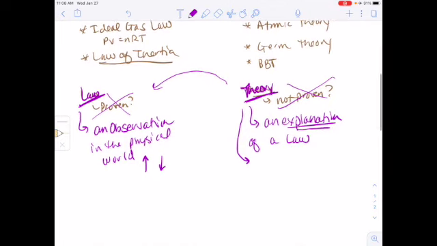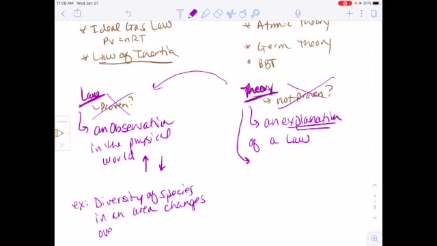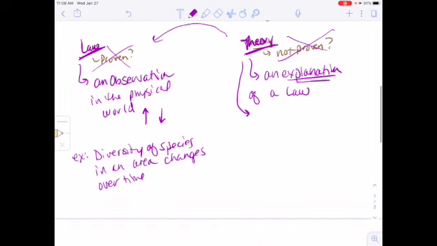As another example, here's an observation. Darwin, for example, noted that the diversity of species in an area, in a location, changes over time and is often different from one area to the next.